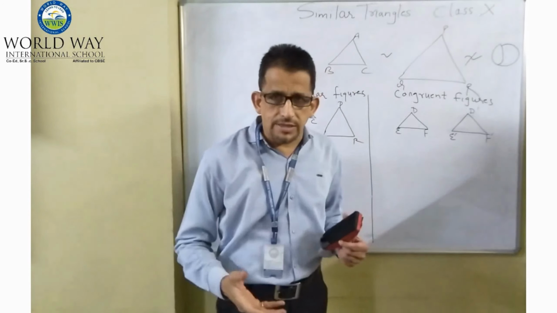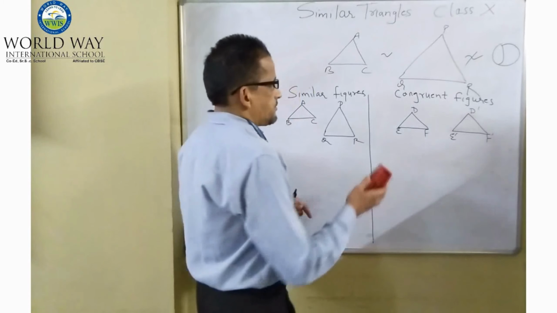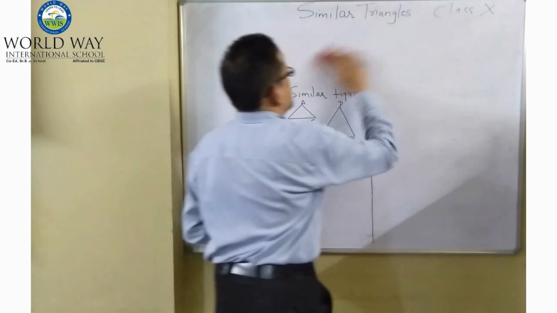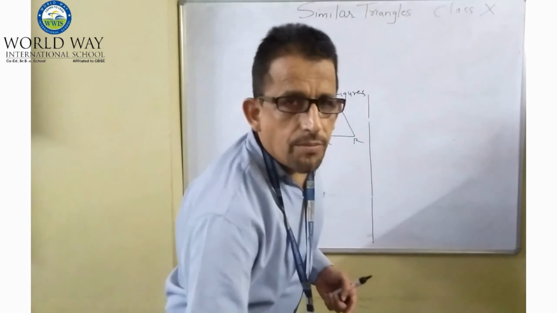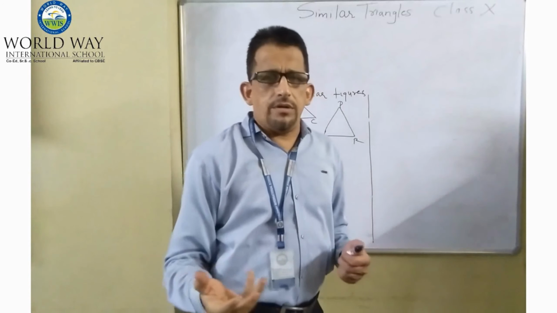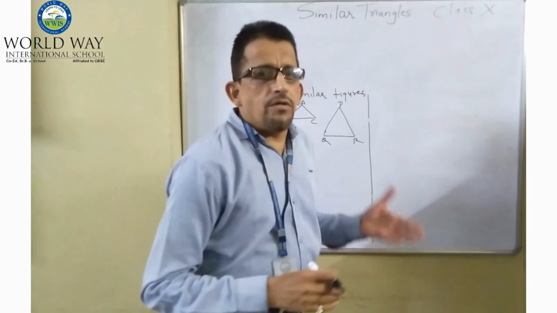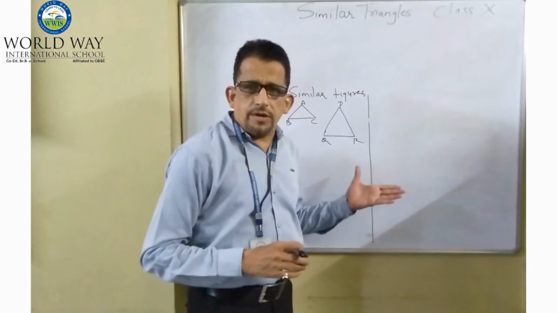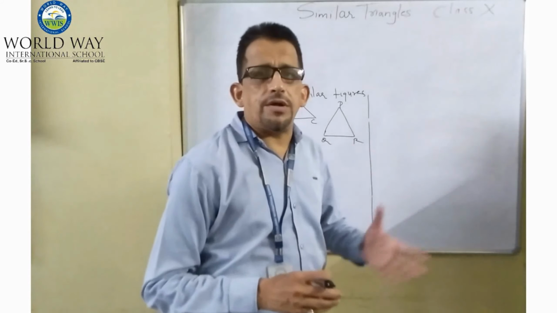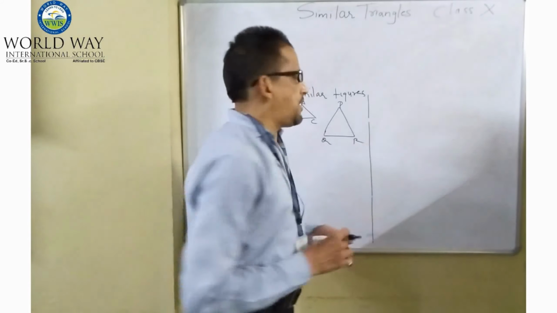A four-sided figure is also a polygon. A three-sided figure, that is a triangle, is also a polygon. A five-sided pentagon is also a polygon. So, what are the conditions for two polygons to be similar?